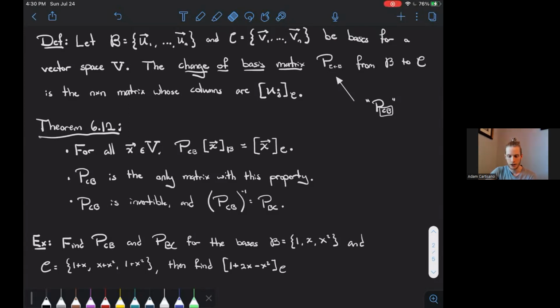First of all, for every x in your vector space V, P_CB times the coordinate vector of x with respect to B is the coordinate vector of x with respect to C. Property 2 is that, by the way, P_CB is the only matrix that has this property. It is the unique matrix that sends the coordinate vector of every vector in V to the corresponding coordinate vector in C. And another amazing fact is that not only is P_CB an invertible matrix, but the inverse of P_CB is P_BC.